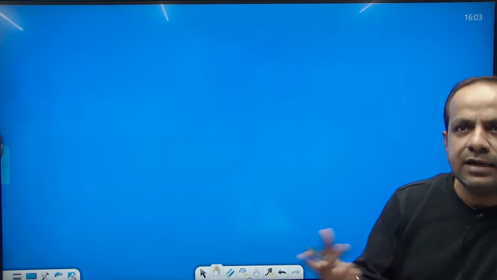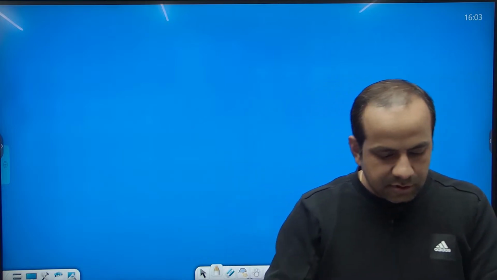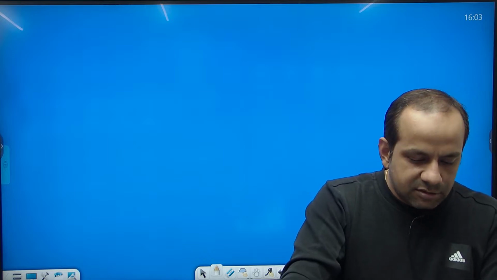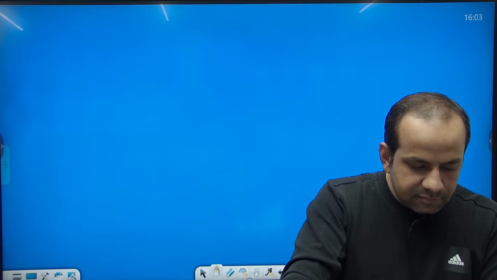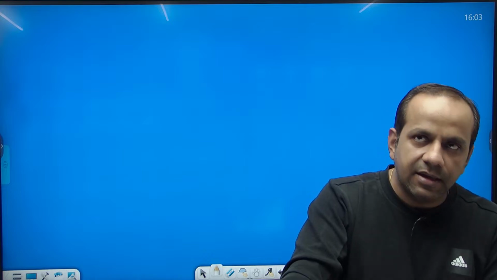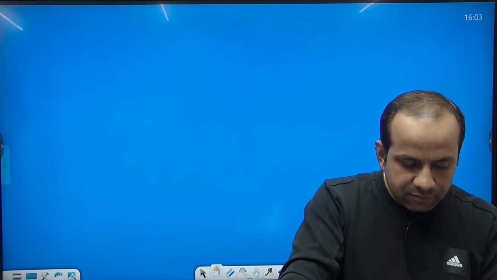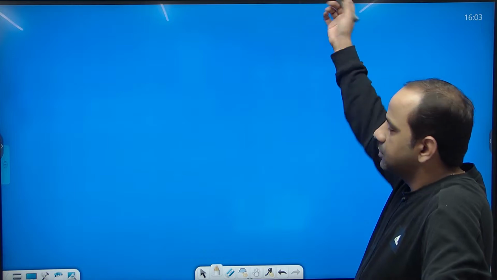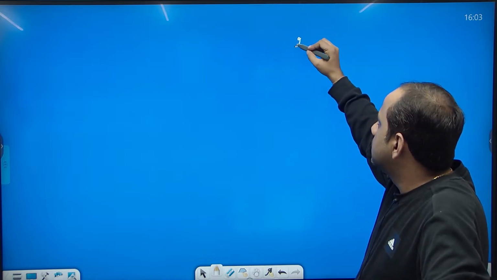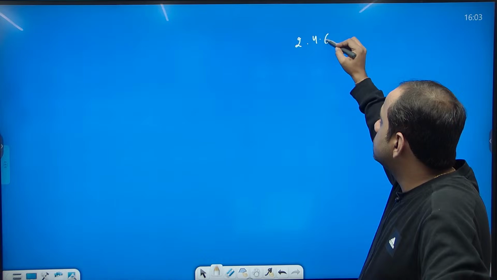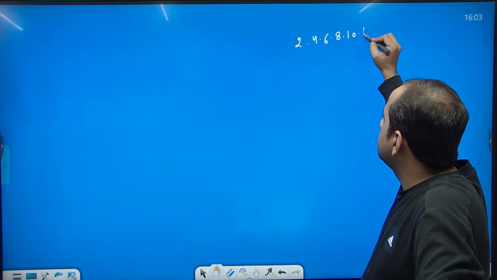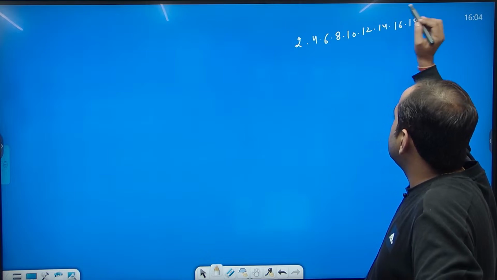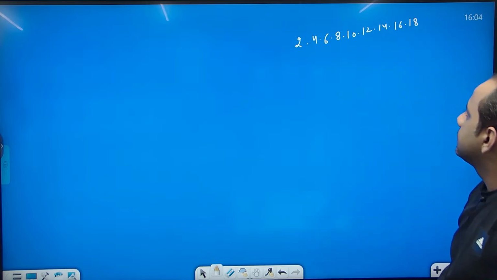You have any 10 even numbers and if I calculate the product of those 10 even numbers, you have to tell me that that product is always divisible by which option out of these four. अच्छा देखो, पहले सबसे छोटे 10 even नंबर ले लेते हैं. This is 2, 4, 6, 8, 10, 12, 14, 16 and 18. Is it okay? ये एक और रहेगा 20.